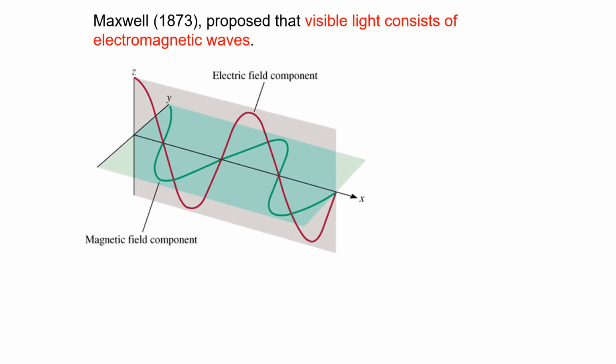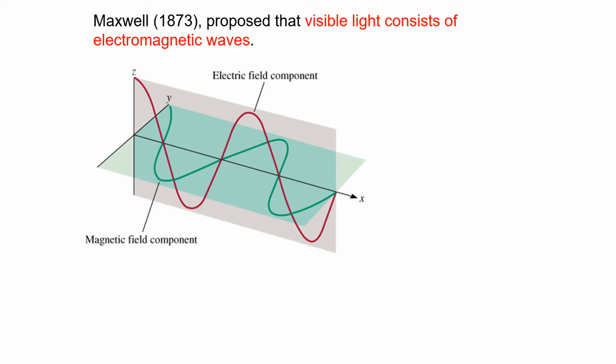So Maxwell proposed that visible light consists of electromagnetic waves. Electromagnetic radiation is radiant energy that consists of two components, which we see in this figure, both an oscillating electrical field and an oscillating magnetic field.